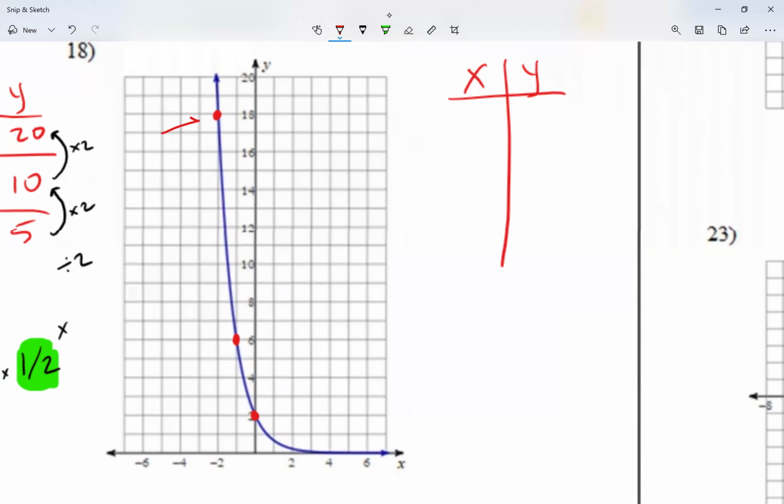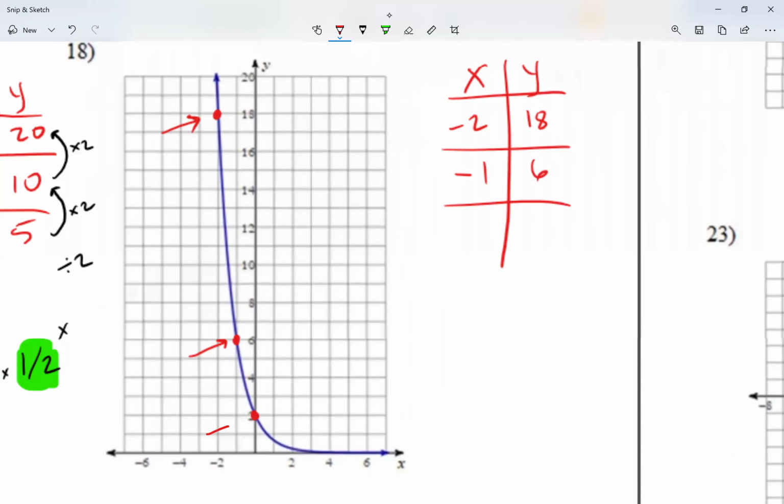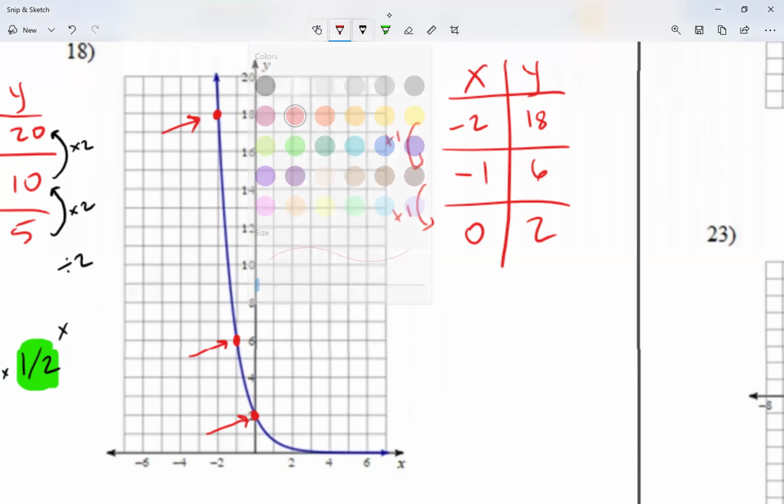My first point, coordinates of that point is -2/18. My next value is -1/6. And my third value is the 0.02. That said, I'll make sure you're increasing by 1 on the x value. So that's good. I'm good on that one.